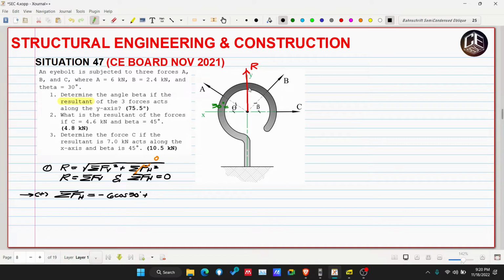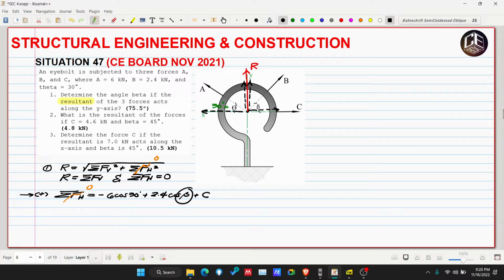A is upward to the left, and B is upward to the right, so B is positive. B is 2.4, and beta, so this is cosine of beta. Then plus C, which is already horizontal. Then this is equivalent to 0.